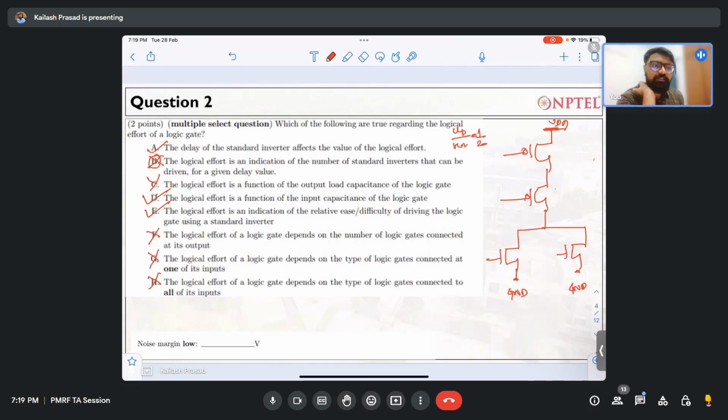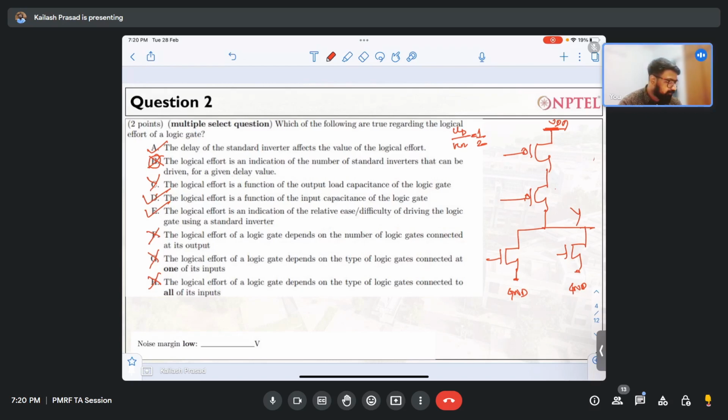So this is a gate, okay, some gate. Please tell me what gate it is, and if I want to find out the logical effort, what is the first step I have to do? It is a two-input NOR gate. Okay. Then if I want to find out the logical effort of this gate, what should I do? First calculate the input capacitance of this gate, or first calculate the width W.